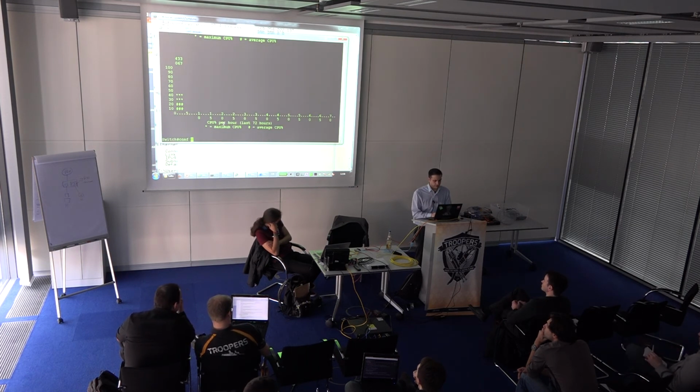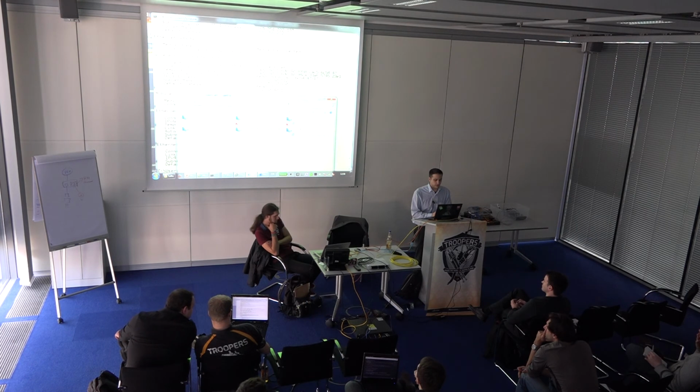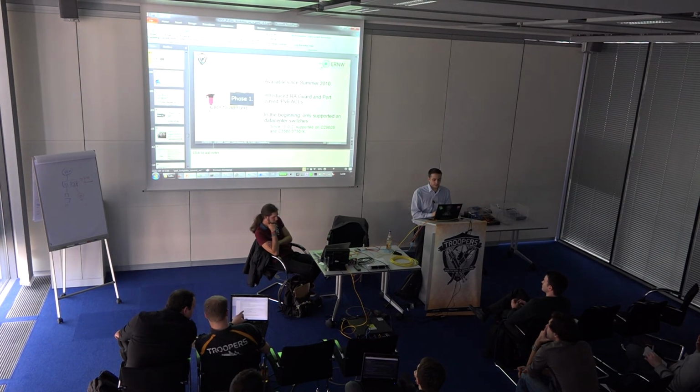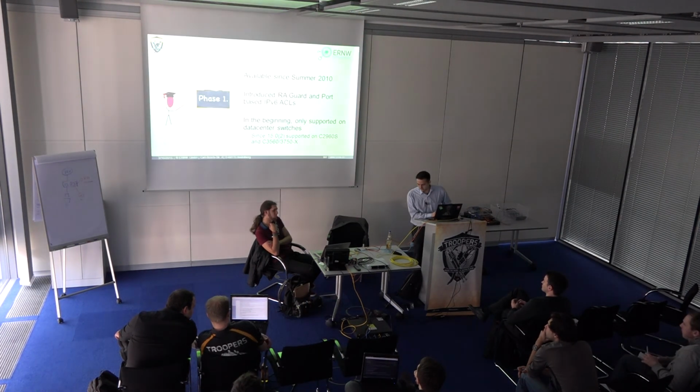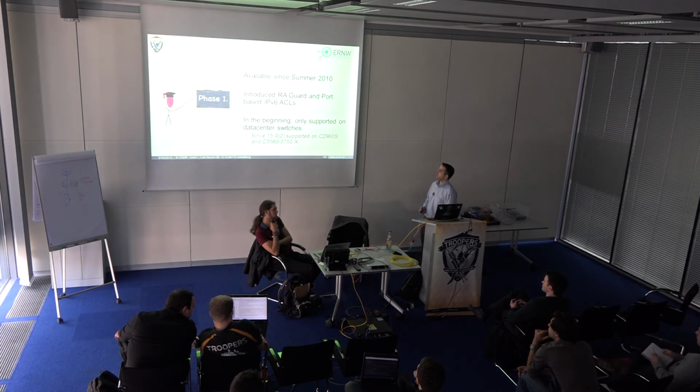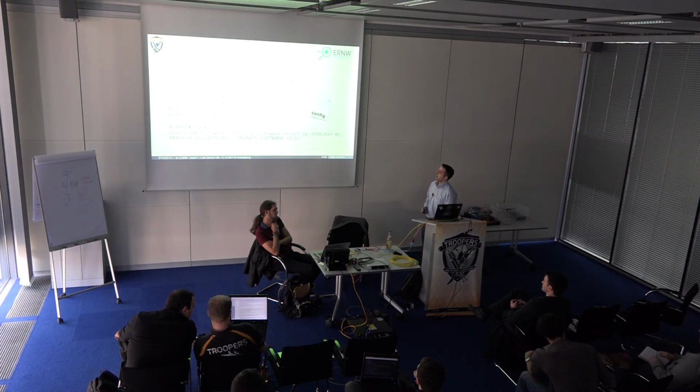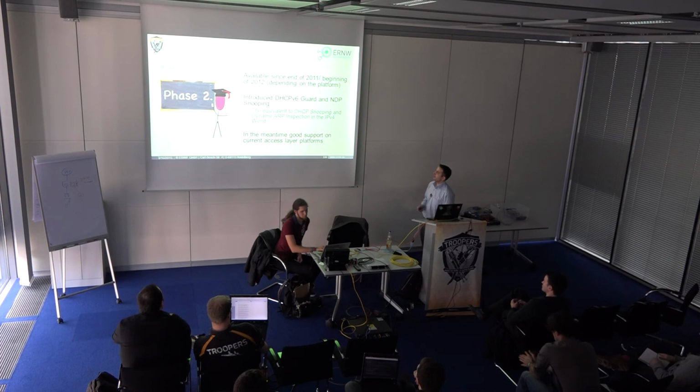Interesting, I have to validate that. But the basic problem still remains that with the use of fragmentation, we can circumvent, it seems, all these features. Router advertisement guard, and then they had phase 2, which implemented DHCPv6 guard and NDP snooping.